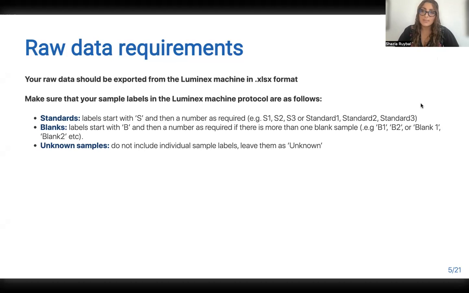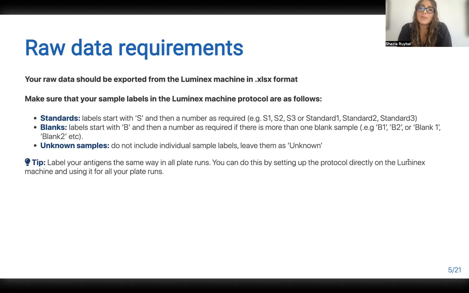Your standards should be labeled with an S and then a number as required, so you have S1, S2, S3 sequentially as needed. Your blanks should be labeled with a B, and if you have more than one blank, you will want to put blank 1, blank 2, etc. And then on the Luminex machine, as Fiona described yesterday, you don't want to include individual sample labels or anything. You just leave the samples as unknown.